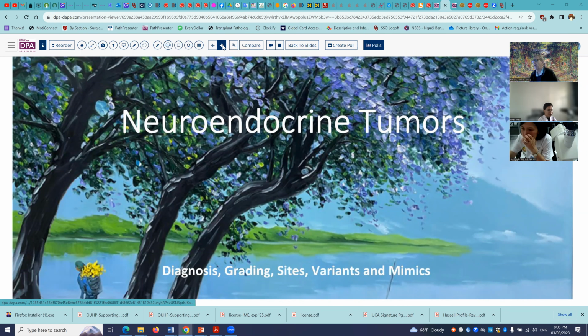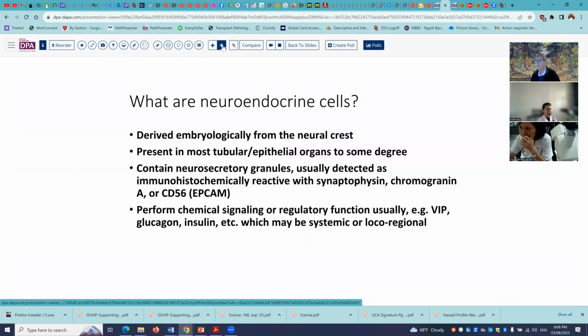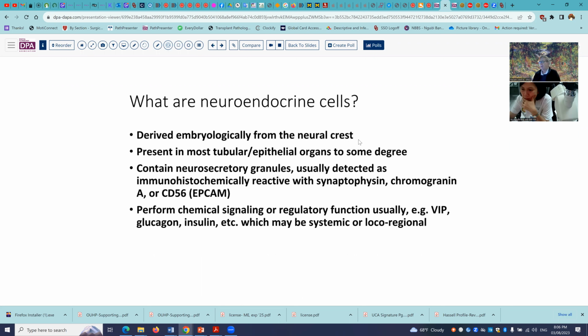And this has been a very interesting topic to prepare. So just briefly, what are these tumors derived from? Generally, we consider them to be originating from neuroendocrine cells that are embryologically derived from the neural crest, and therefore they share certain morphology, certain immunohistochemical features, and they can present in a variety of locations.